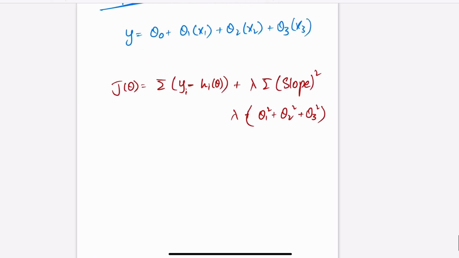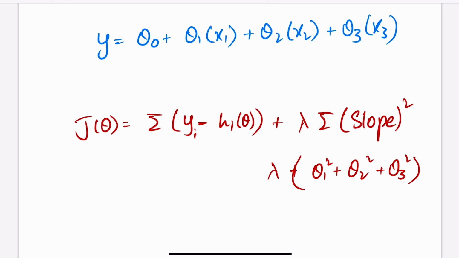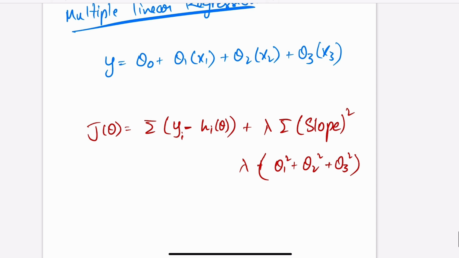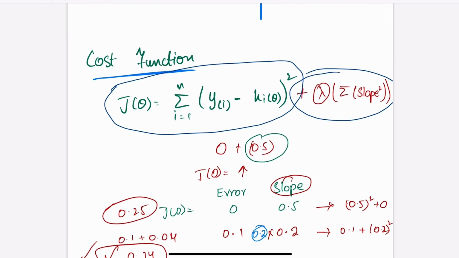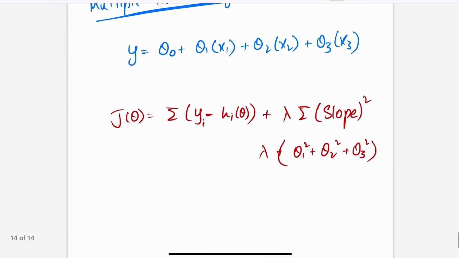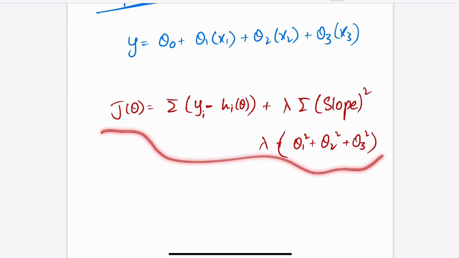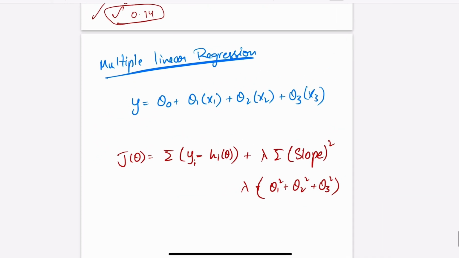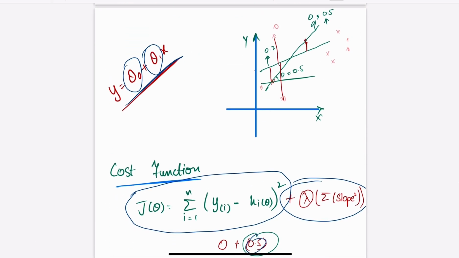So what we do is the summation of the squares of the slopes, just like theta 1 square plus theta 2 square plus theta 3 square. It's basically the same thing, but instead of only theta 1 square, you will be adding the squares of all of these. That gives you the final cost function called ridge regression. Because of this, you'll have a more generalized model.